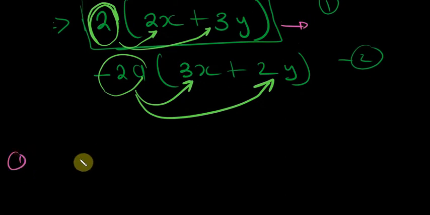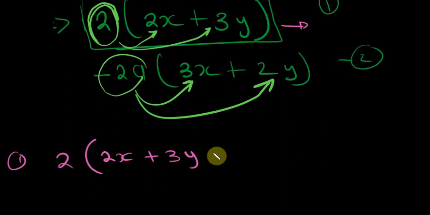Okay, example 1. We have a monomial which is a constant 2 multiplying by a binomial, which is 2x plus 3y. So to work this out, this is how it is done.